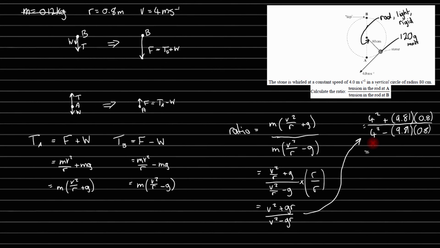Plugging that in on your calculator will give you a value of 2.93. And this would be unitless, as it's just a ratio, and that's been quoted to 3 significant figures.